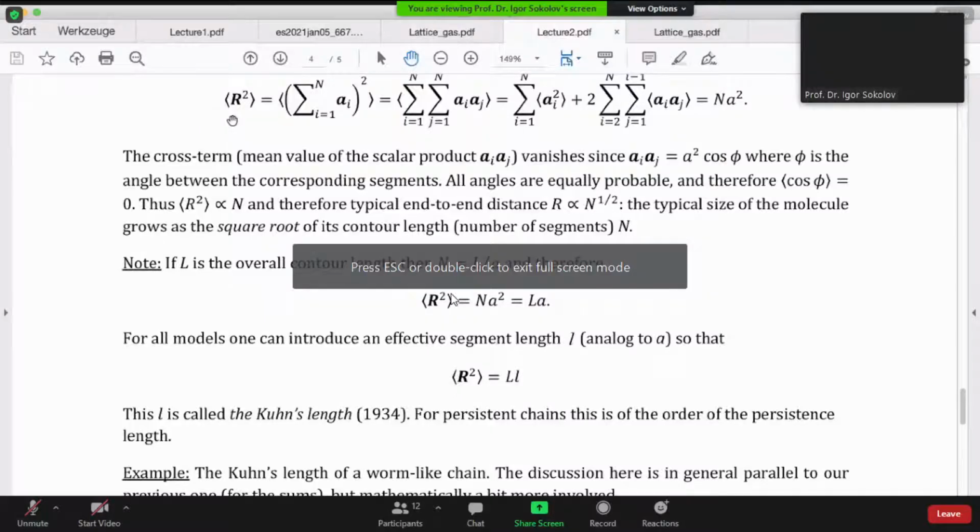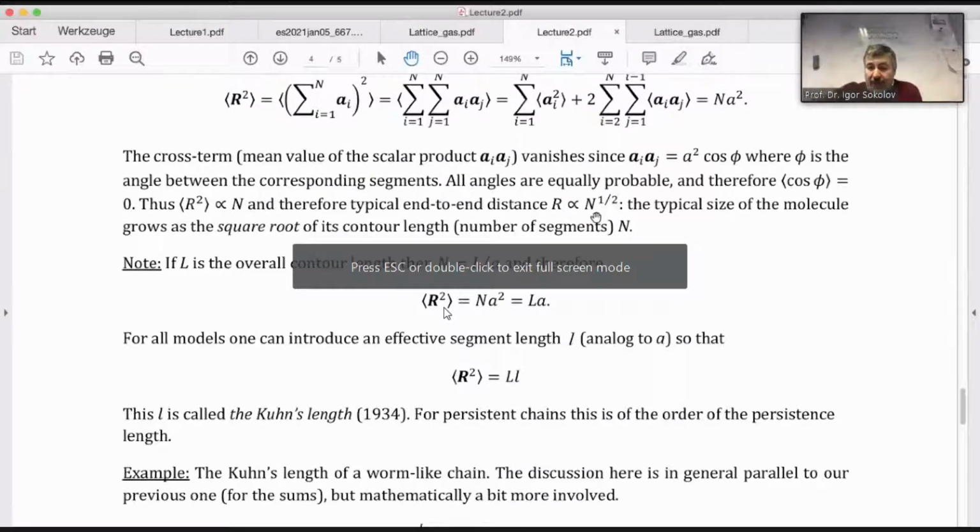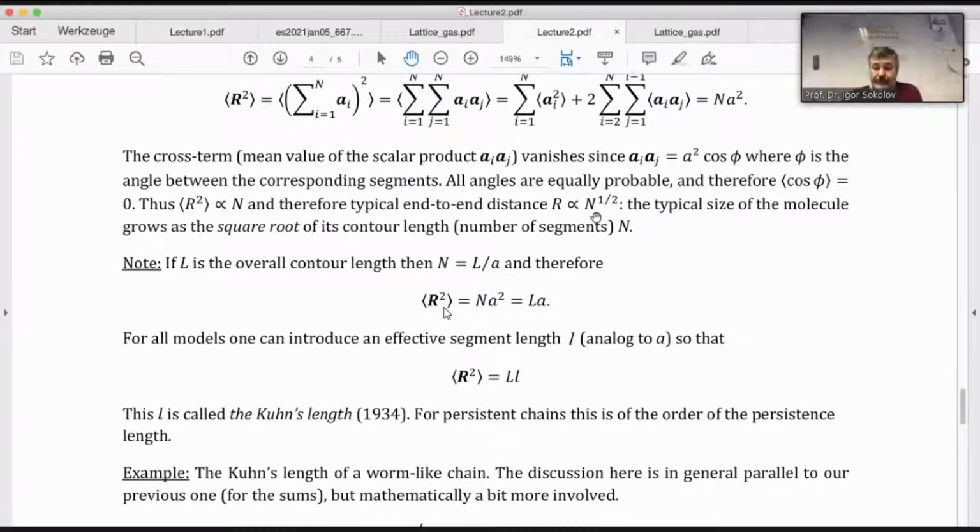So the typical size of the molecule goes as n to the power of 1/2, the square root of n. This is a very important result. It's true for my simple random walk model. It's not true for the cases when the excluded volume plays a considerable role, because I neglected it here. We will see what happens when it does play a role.